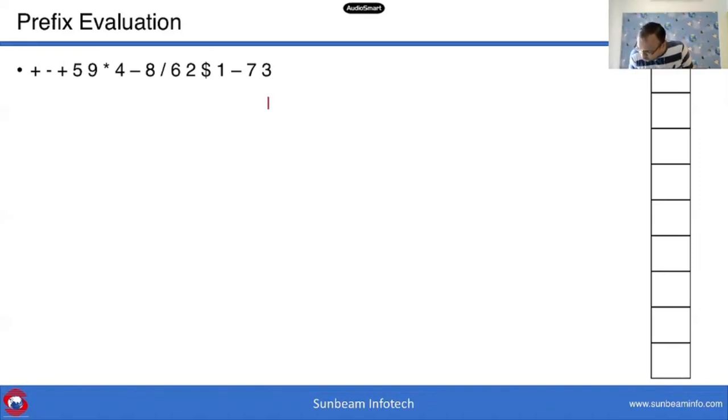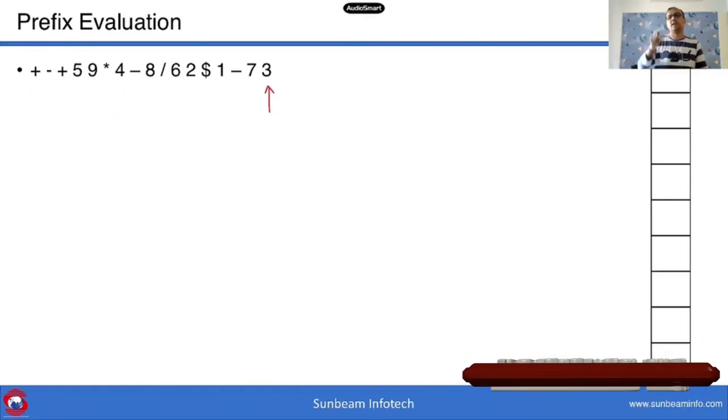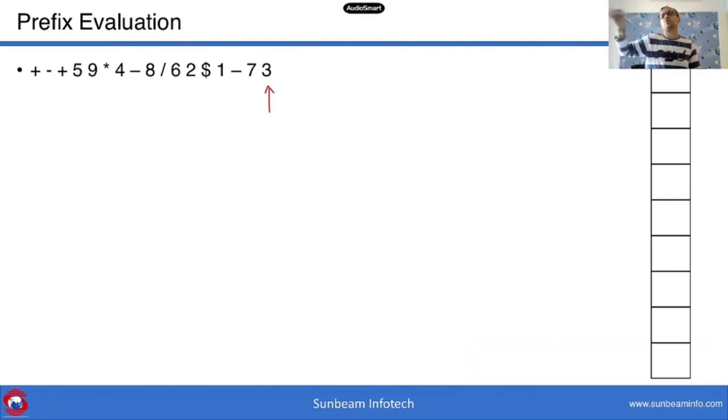It says that you go in a reverse order. Last time we were going left to right; in a prefix we are going from right to left. That is the first thing. And the algorithm is similar: if you find an operand, put it onto the stack.